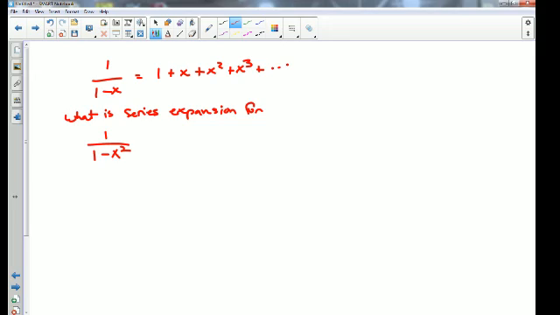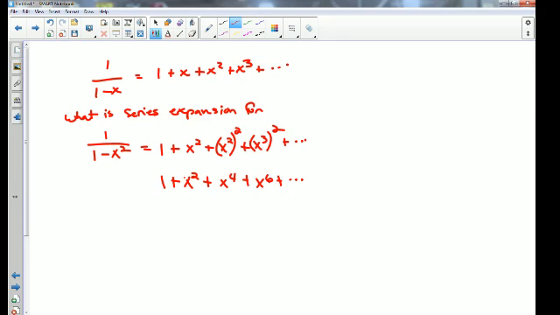So what am I going to do with that? Yeah, 1 plus x squared plus x squared squared, right? We just directly substitute. So all your rules apply from algebra.